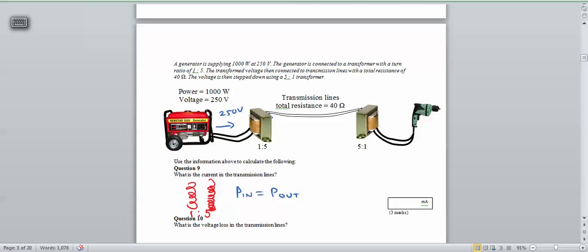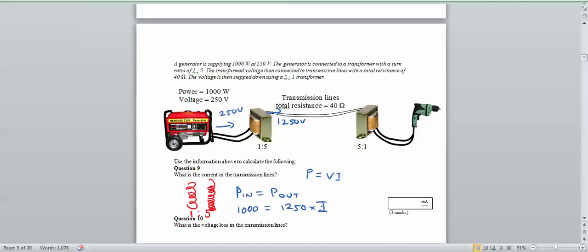Therefore, it's going to be stepped up by a factor of 5. So there's going to be 1,250 volts here, but it has the same power as before. So the power in is equal to 1,000. It's equal to the power out, which is equal to V times I, P equals V times I, which is equal to 1,250 times the current.